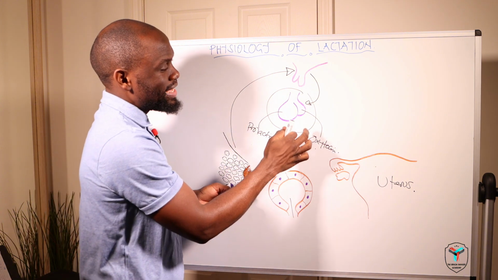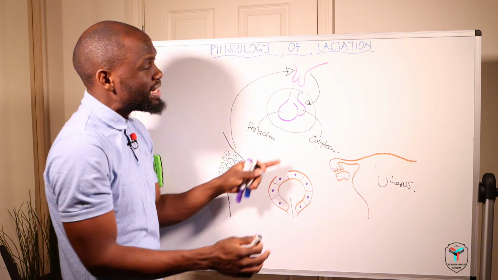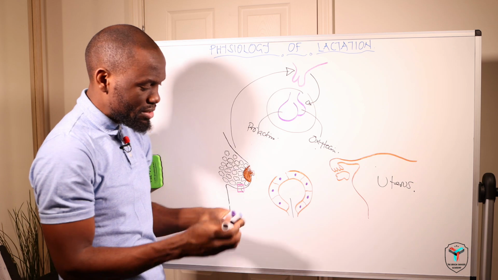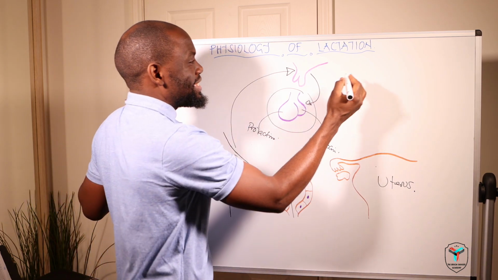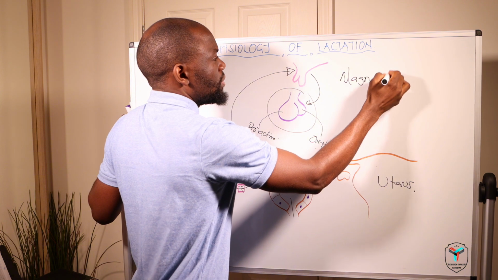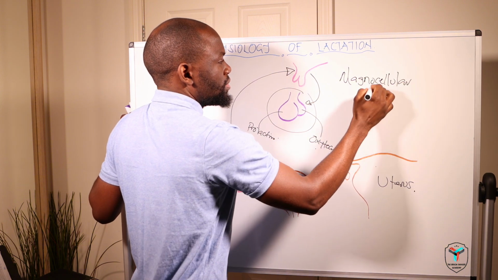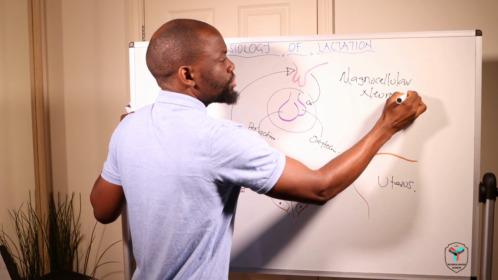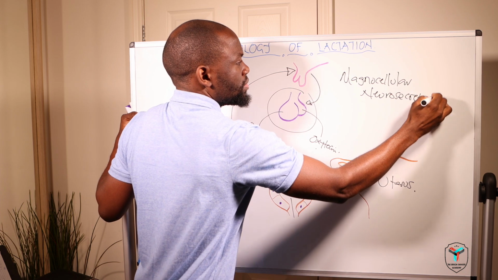The oxytocin is a neuropeptide hormone that is produced in the hypothalamus by a special type of cells that you would call the magnocellular neurosecretory cells.